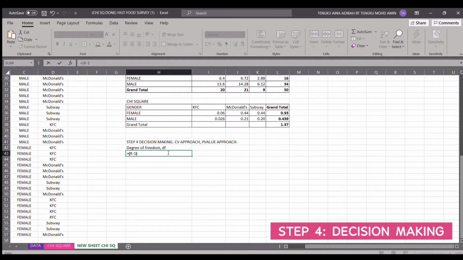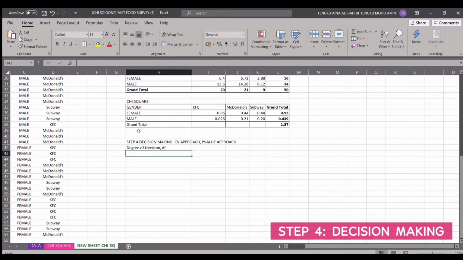R is the row, and then multiply by C minus 1. The row is the number of rows that we have right now, which is female and male.